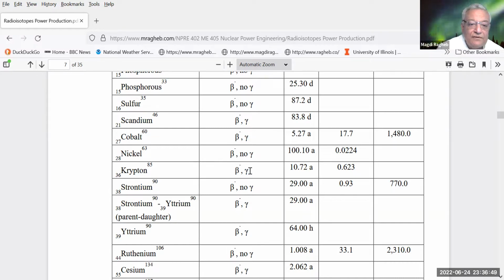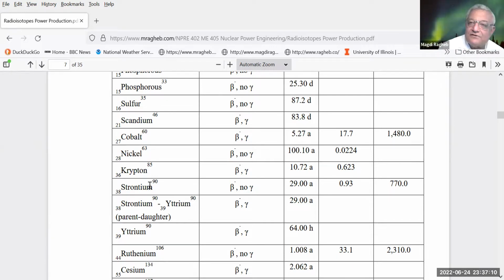Krypton-85 emits gammas. The Russians in their space program, in contrast to the United States, which emphasized plutonium-239, chose a beta emitter that also emits no gammas like tritium, and that is strontium-90. It's a fission product.